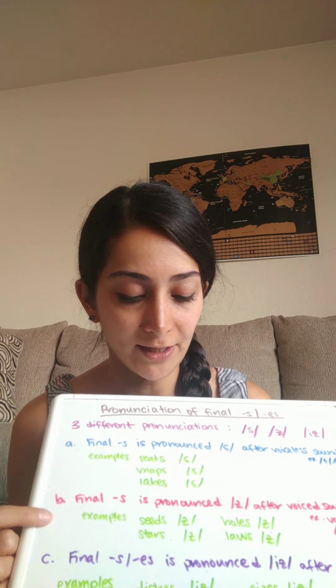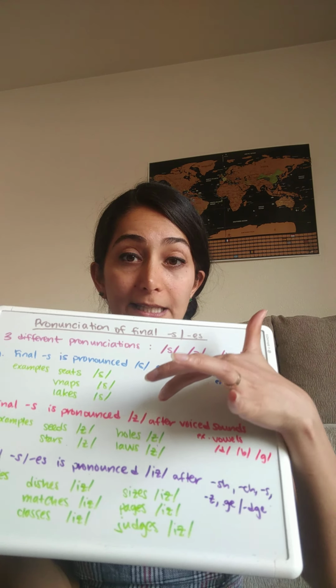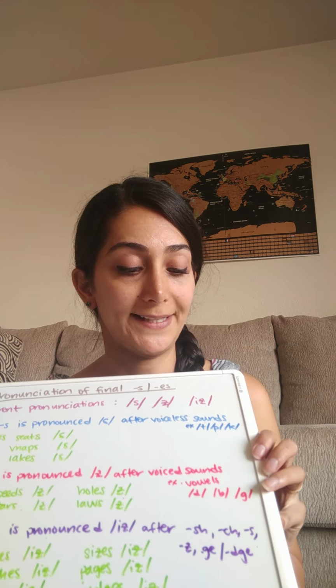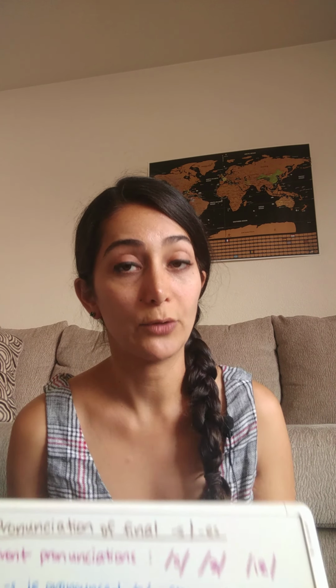Next, the final S is pronounced Z after voiced sounds. Voiced sounds, again, are when you can feel the vibrations in your throat. Sounds like D, like dog, B, like boy, and G, like girl. Those sounds are voiced because when we put our hand on our throat, we can feel the vibrations. It's not just air.